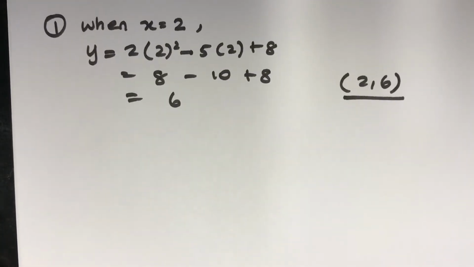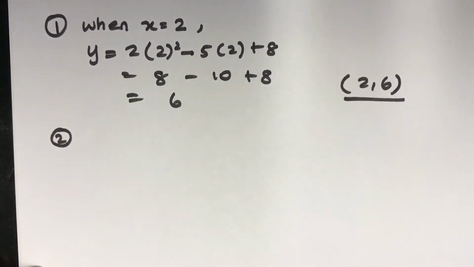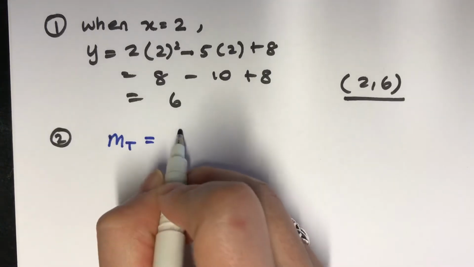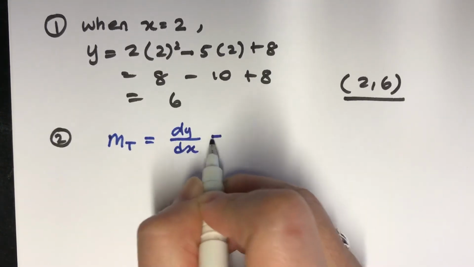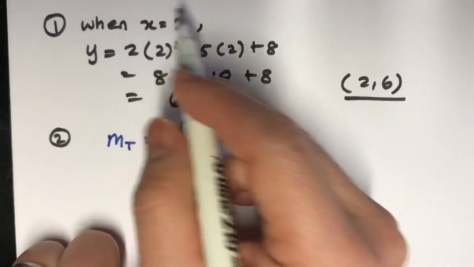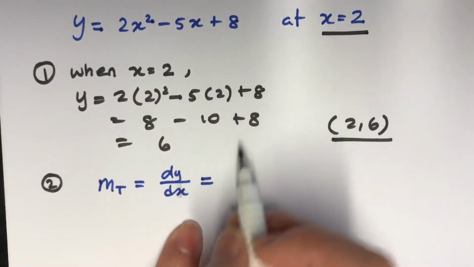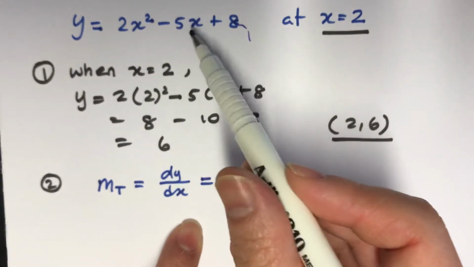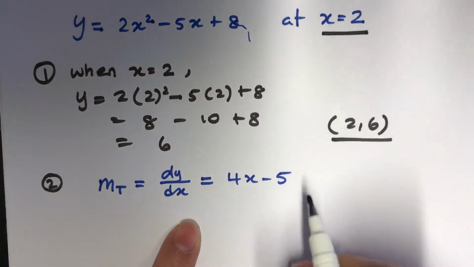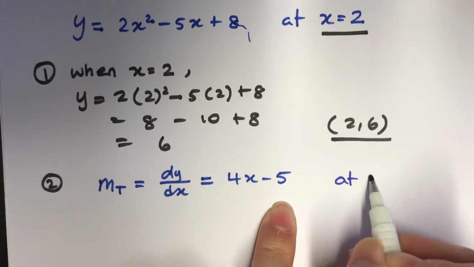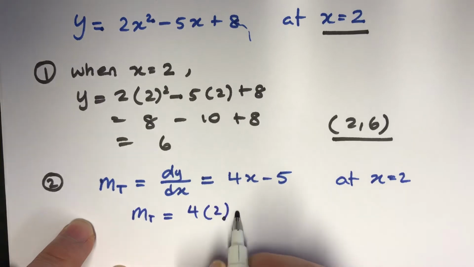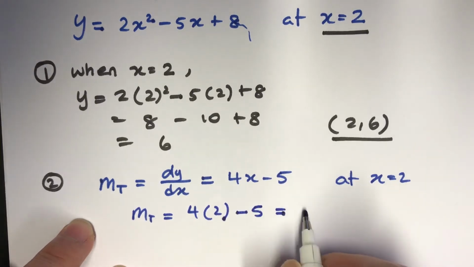Now you get all excited about practicing your dy/dx. So I'm going to use blue. I'm going to find the gradient of the tangent, which is the dy/dx, which will be 4x minus 5, because the 8 disappears. Then at x equals 2, my gradient for the tangent is 4 times 2 minus 5, which is 8 minus 5, 3.